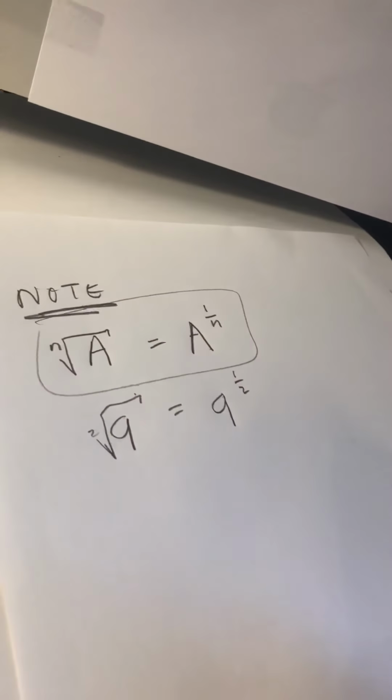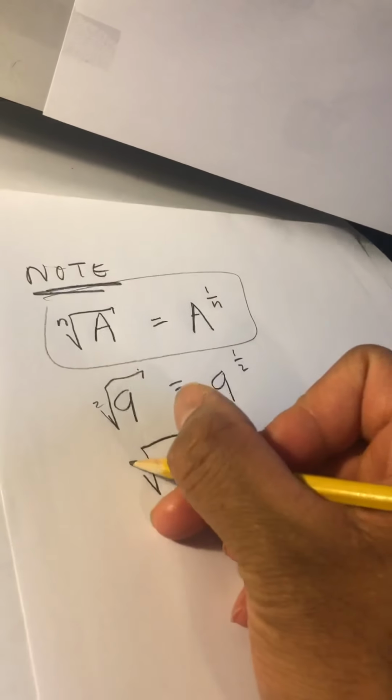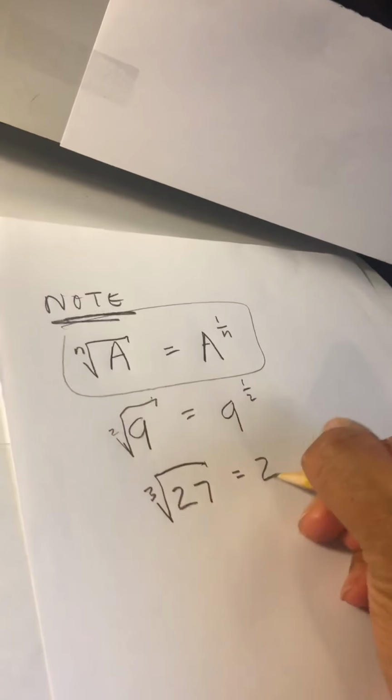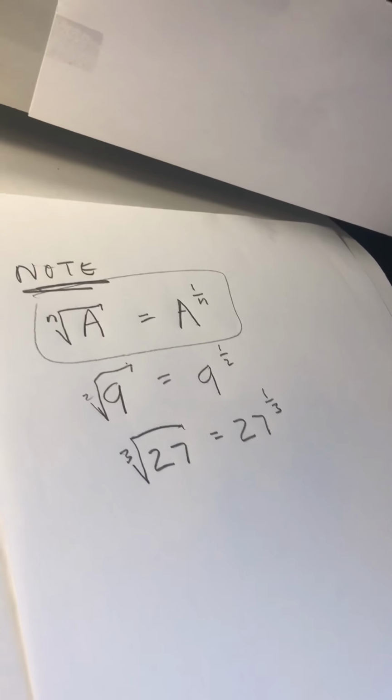So there's a little invisible 2 there, right? The cube root of 27 is going to be 27 to the 1/3. So just make a note of that.